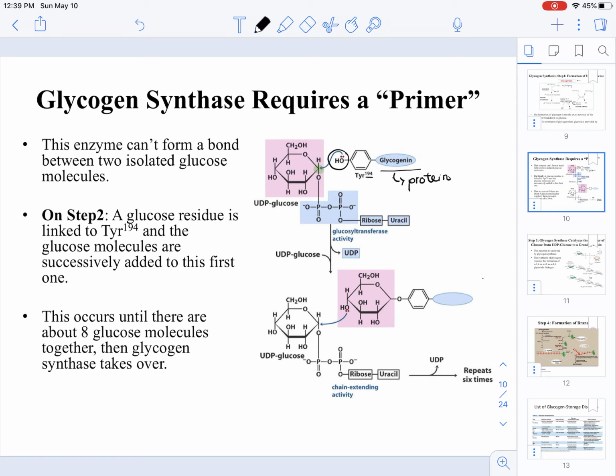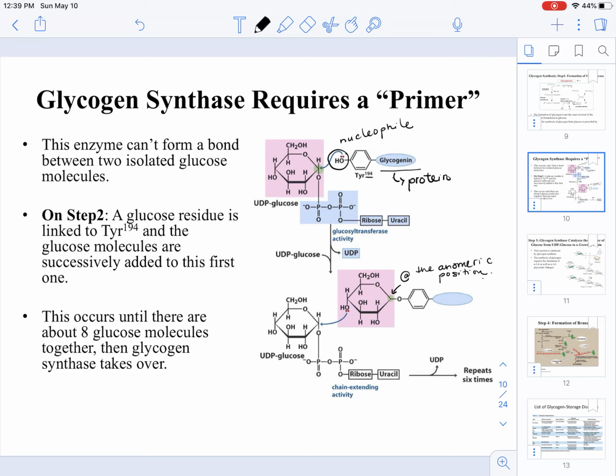Okay, so this means now that we're going to form this bond right here at the anomeric position in our glucose molecule. As you can see, UDP is going to be our leaving group here. So if we think about it, here the OH in the tyrosine is going to be our nucleophile.